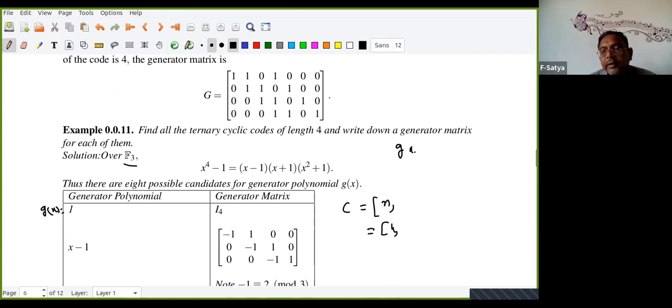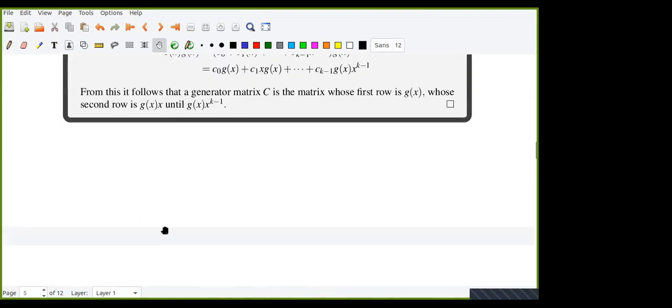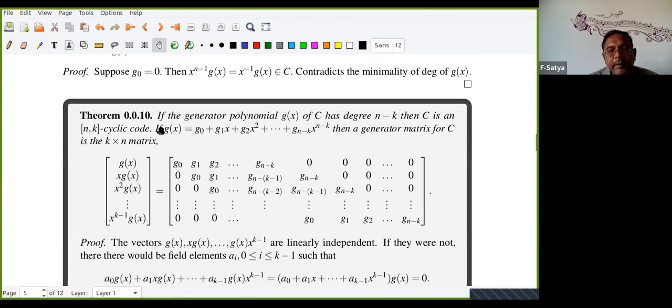I'll construct it. What is the generator matrix? Can you tell me? Okay, identity. How do I get it, I'll tell you here. The degree of G(x) is n minus k.